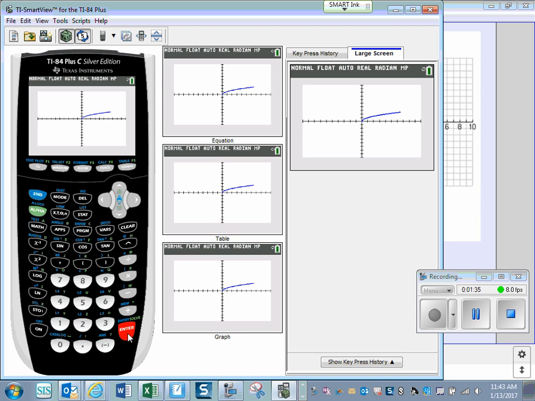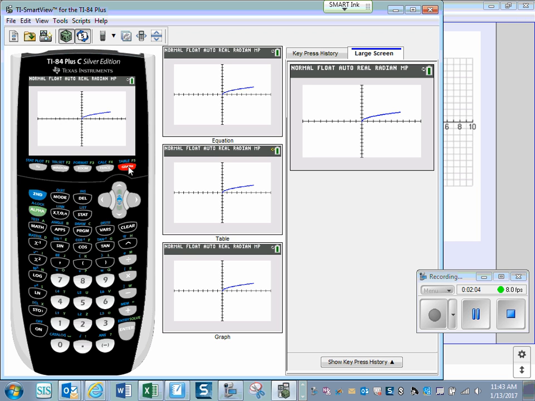So to transfer our graph from the calculator to the paper, of course, we need to note some good points. So we go to the second table.